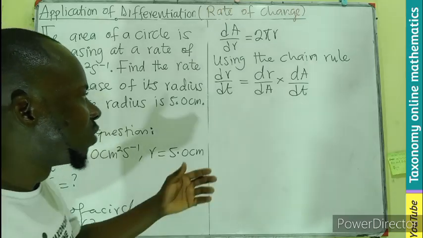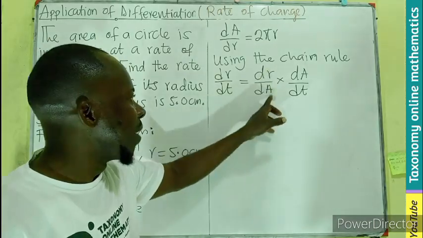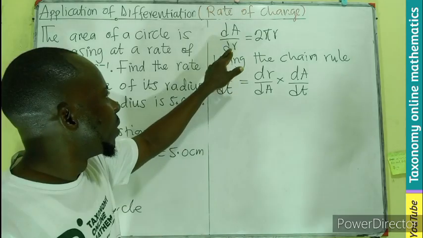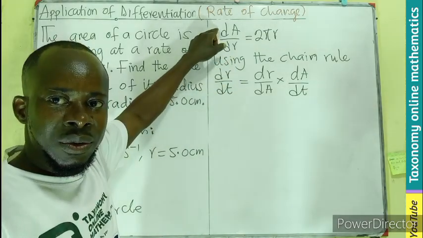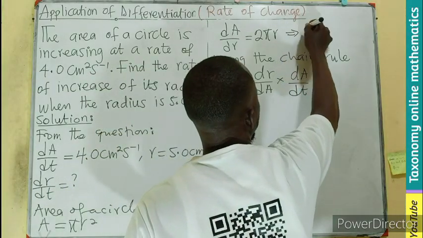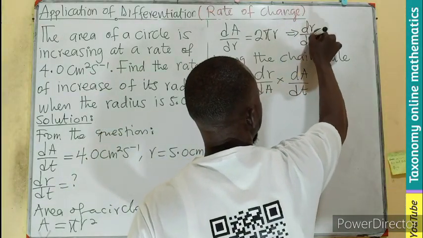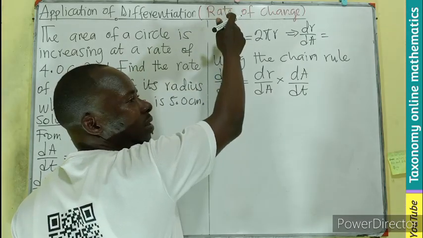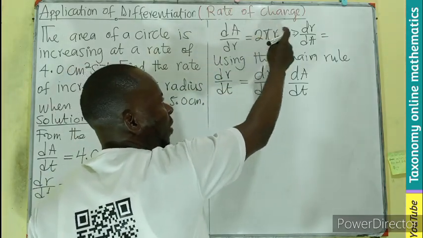So now we need to do substitution. Do we have dr dA? You see that there's a change here. So I can say that your dr dA is the reciprocal. I am changing it, so I reciprocate this.